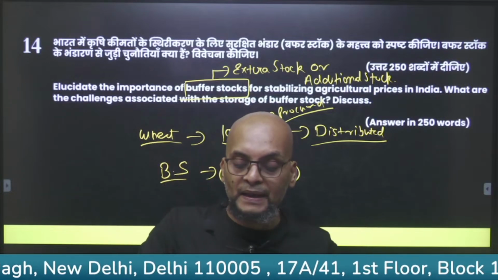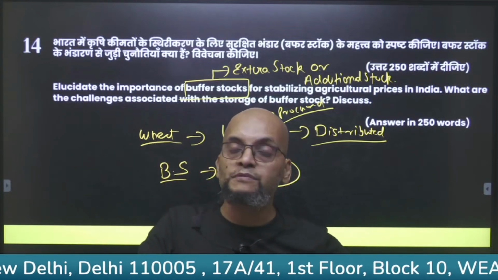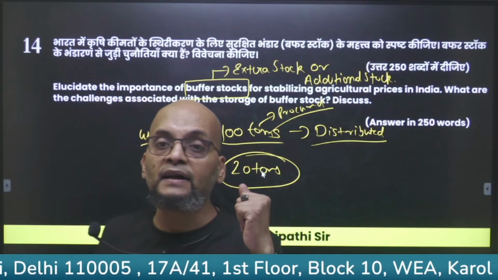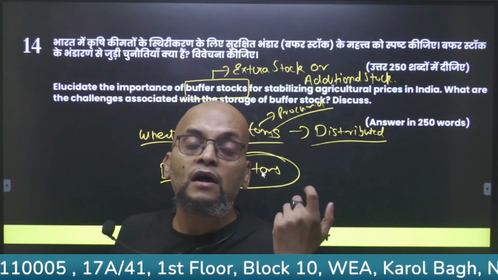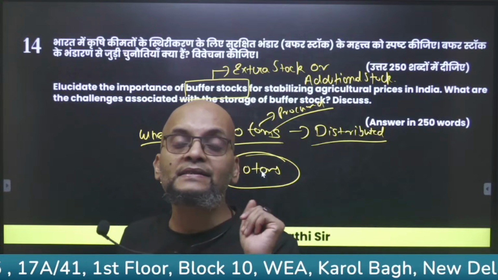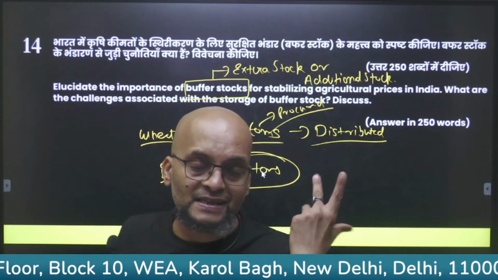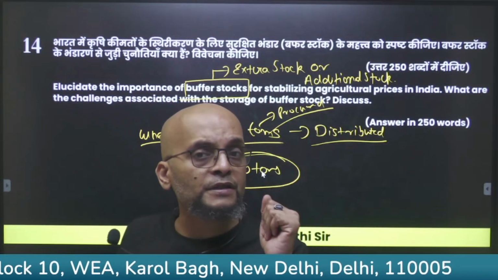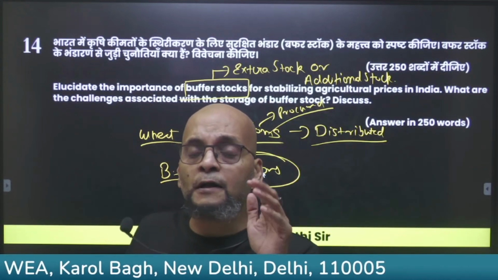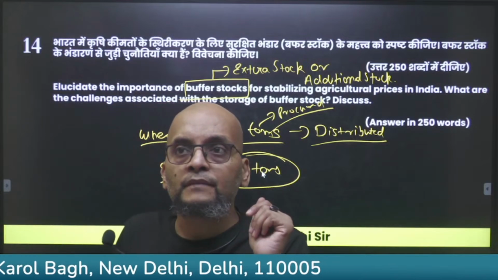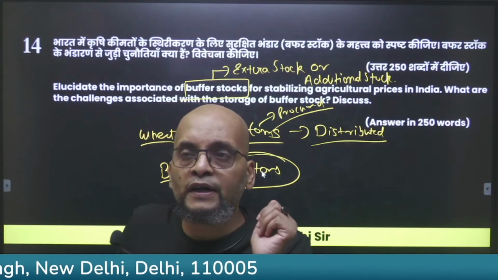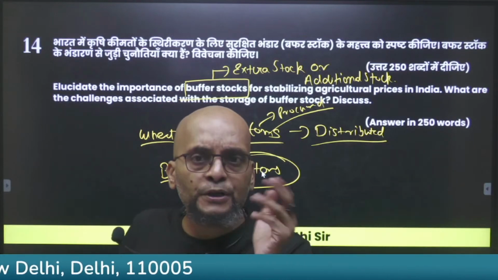Next is may promote cultivation of certain crops, and obviously this is one of the factors. When farmers come to know that government is procuring certain crops, government is procuring wheat, government is procuring staple rice, so what will farmers do? Farmers will start producing these things only. They will say, wow, government will pay us for it, so why should I produce anything else?